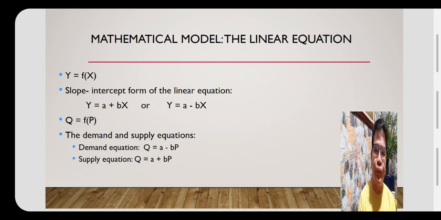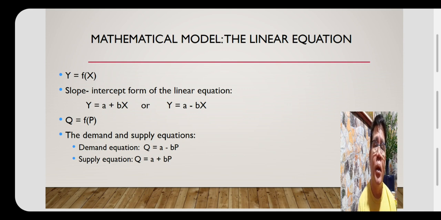So if this function of y and x is to be expressed in the form of an equation, specifically a linear equation, we can give more information on the relationship existing between the two variables when the equation that we're going to use is in slope-intercept form.